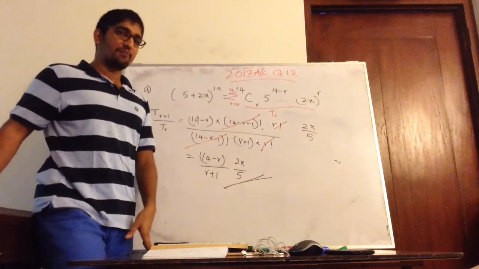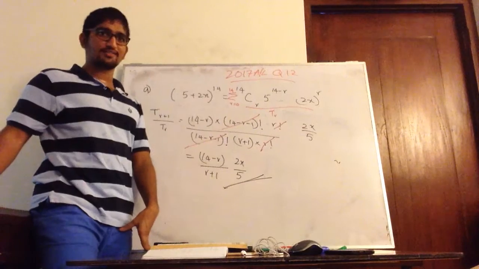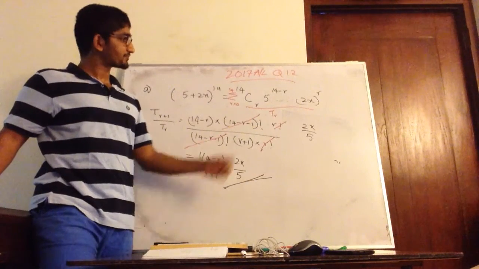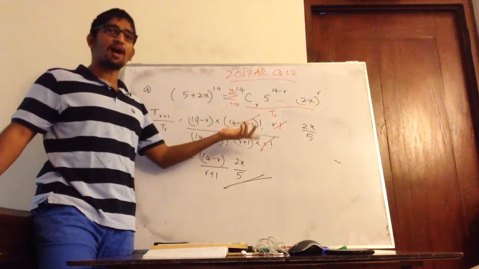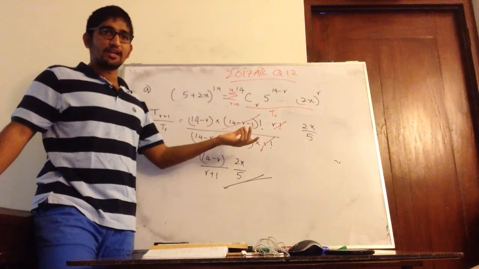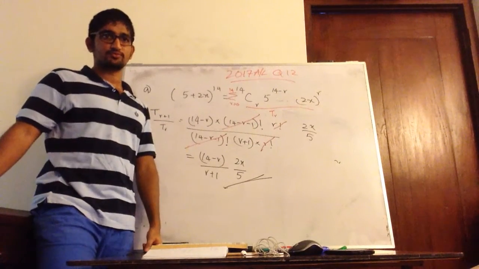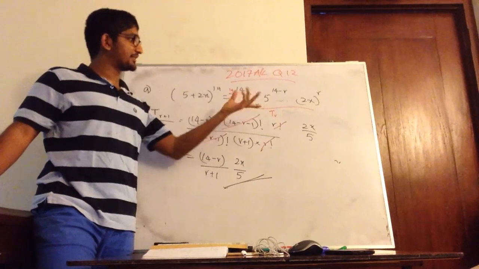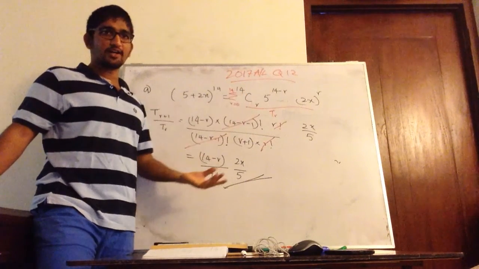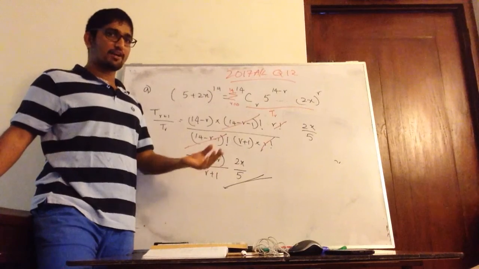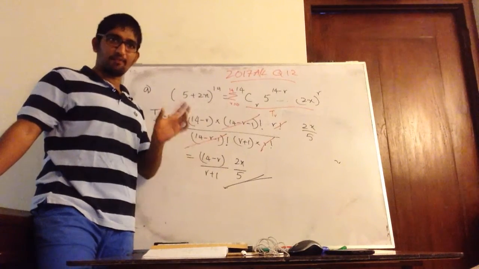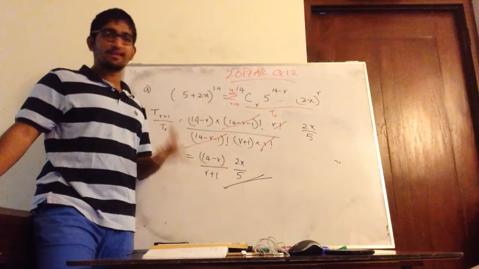But what is important here is that the term r needs to be a whole number, because the maximum of tr will come at some decimal value, but that does not make any sense.